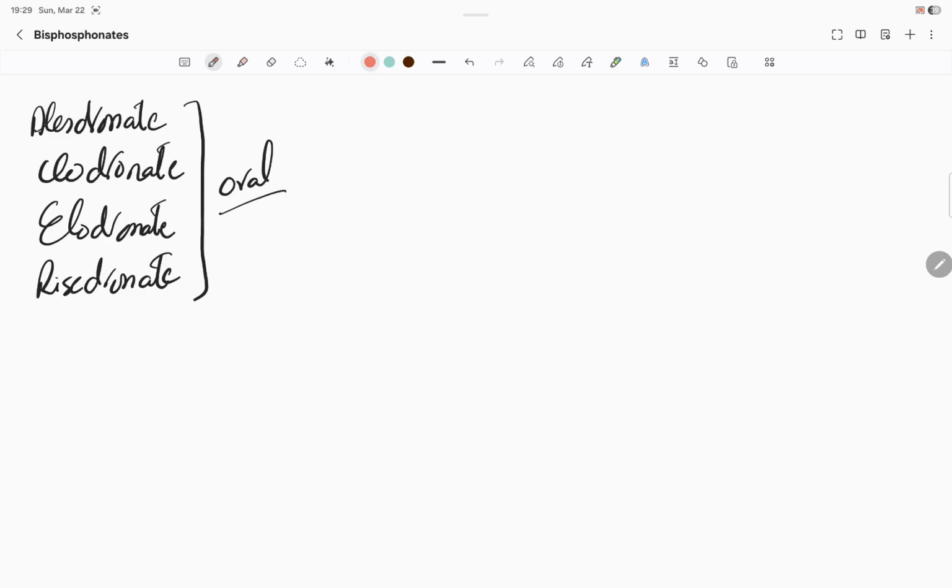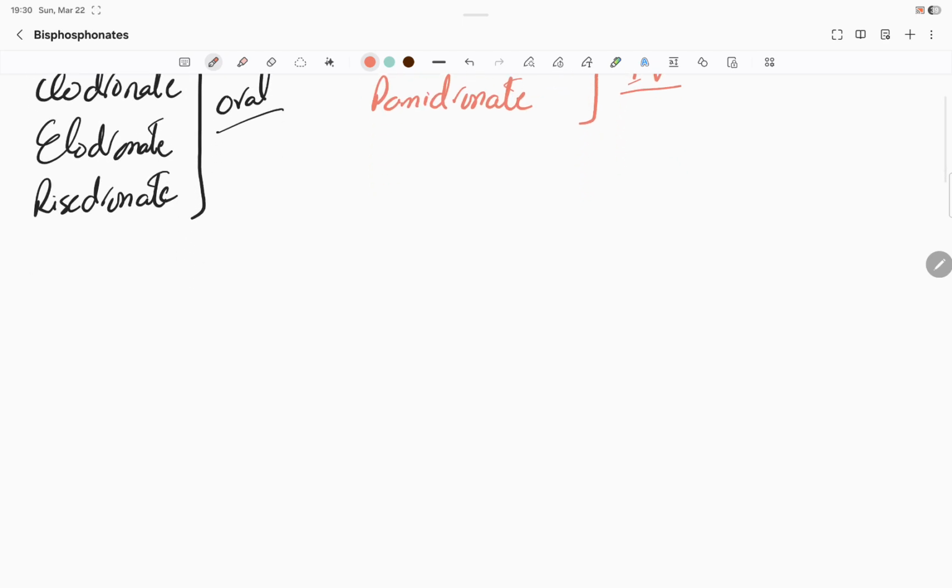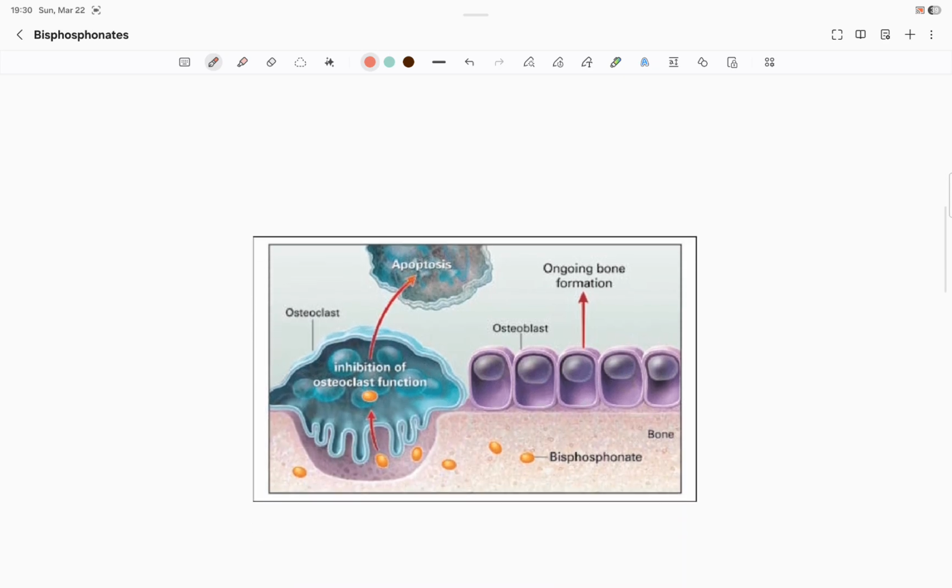And if I tell you about common IV formulations or common IV drugs, that includes Zoledronic acid and Pamidronate. So these two are IV. Okay. Then we will discuss the mechanism of action.